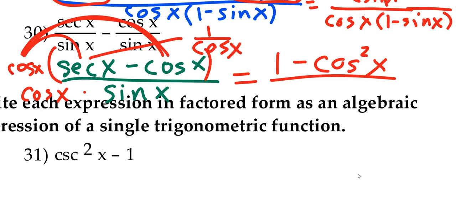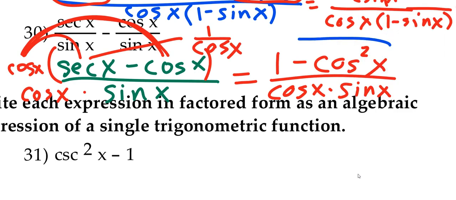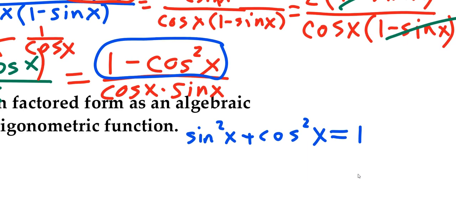All right. And on the bottom, we got cosine x and sine x. And there's not a whole lot you can do with that, folks, at least in the denominator. What about the numerator? What is that? Let's think about it. Is it sine squared x? Okay, so I'm just going to, over here on the side, write sine squared x plus cosine squared x. And the reason I'm doing this is because I don't want to screw this up.